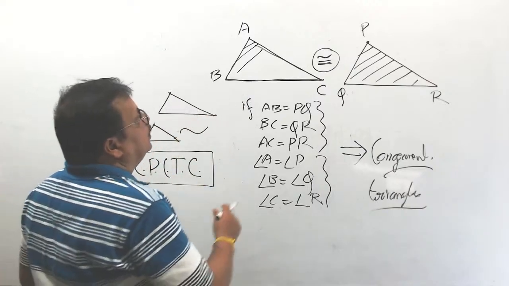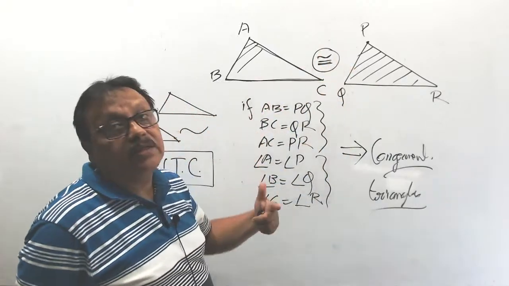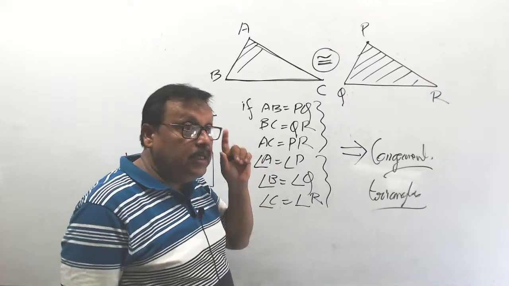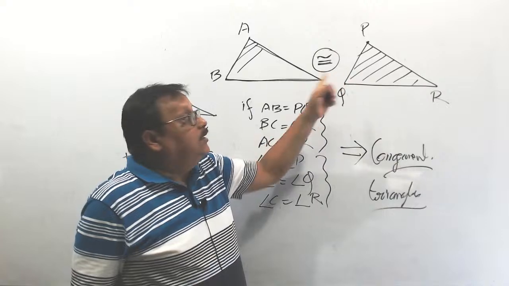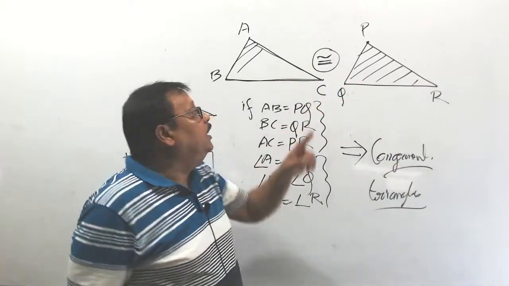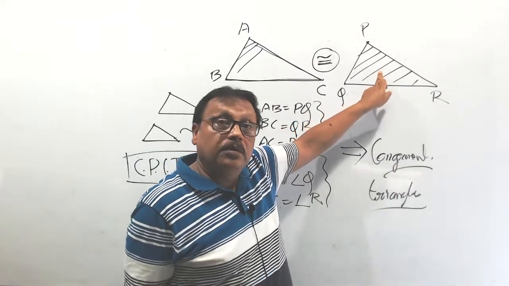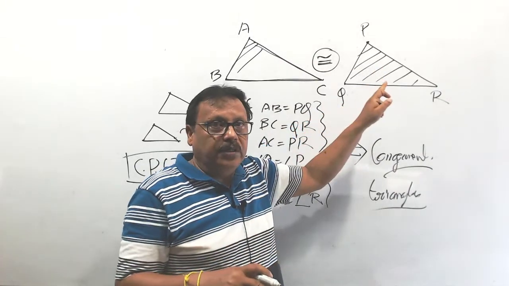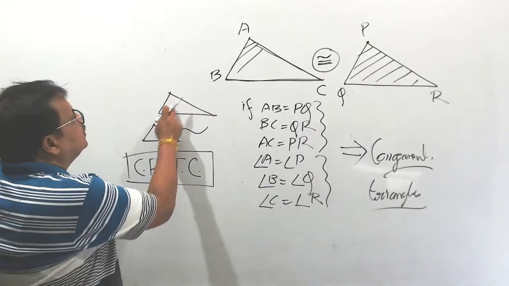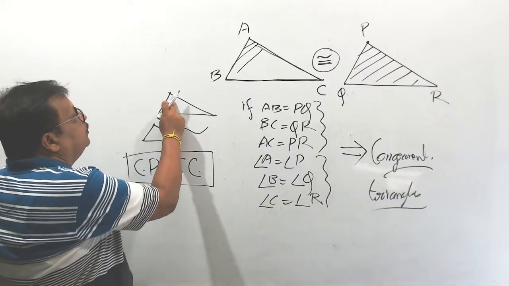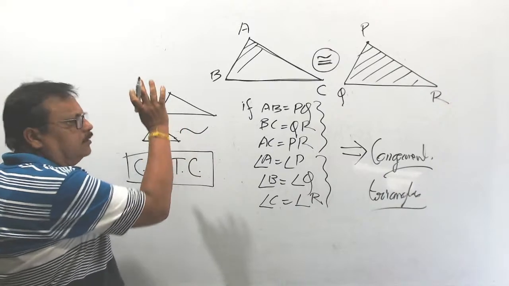Say you already proved these two triangles are congruent. This implies that the areas of the two triangles are equal. If the area is 30 centimeter square, then for the other also 30 centimeter square, if they are congruent. But for the converse, say these two triangles are similar, their areas are not equal, they are not congruent.